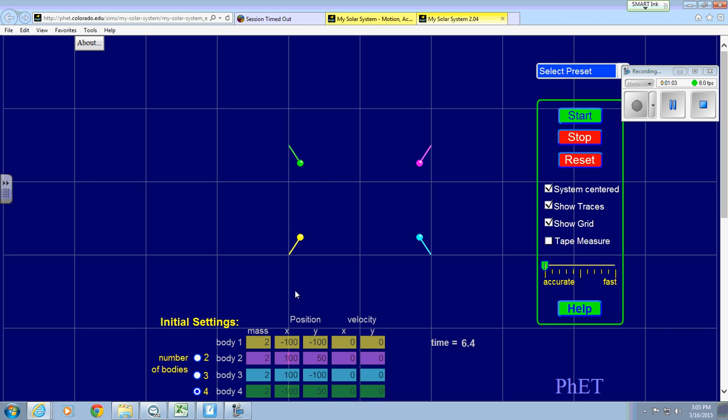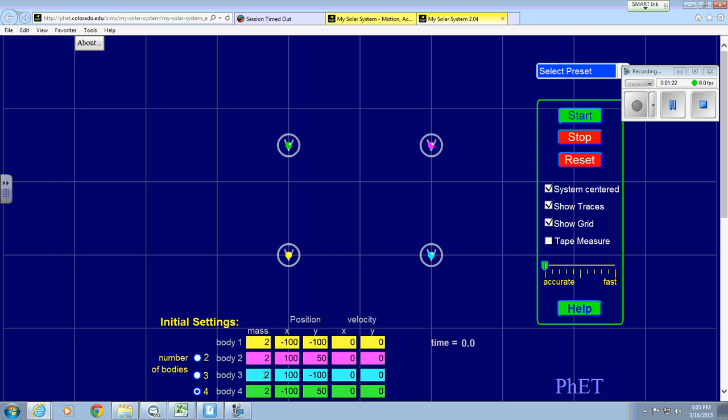Right now, we have the masses equivalent, so because the green ball is closer, it's going to pull on the yellow ball, and that's why the yellow ball is being pulled towards the green ball at a faster rate than it is either of the other ones.